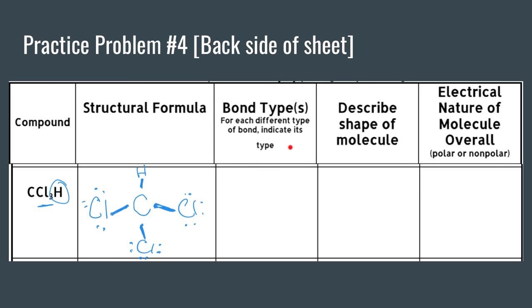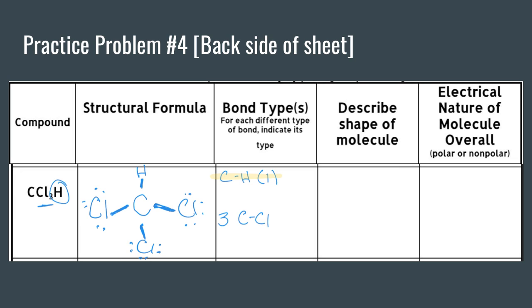So this time when we do bond types, we're going to have 2 different ones. We have a carbon to hydrogen bond, and we only have 1 of those, and we also have 3 carbon to chlorine bonds. So let's start up here with our carbon to hydrogen bond.